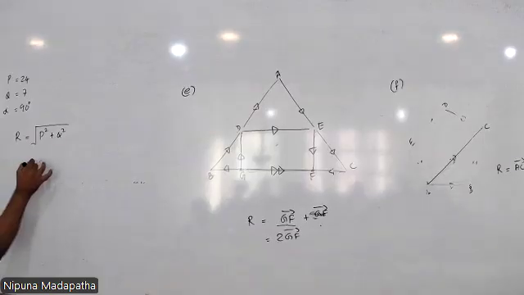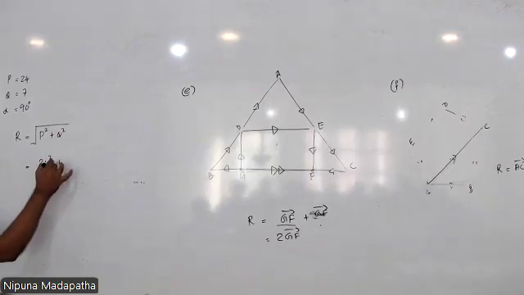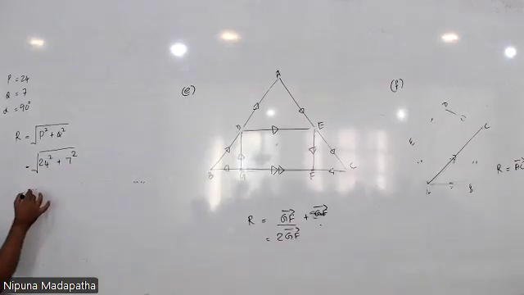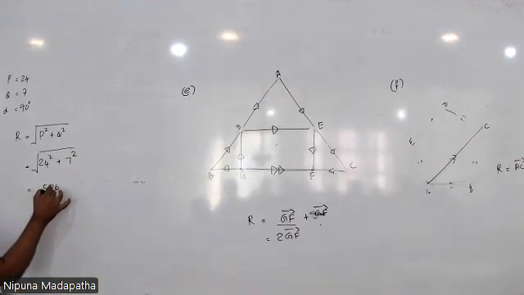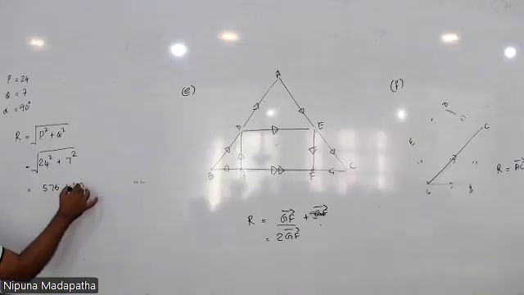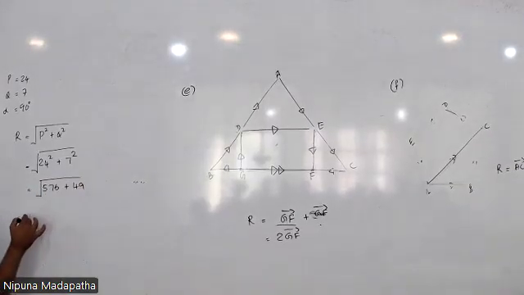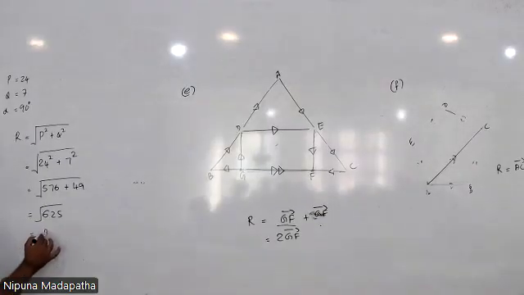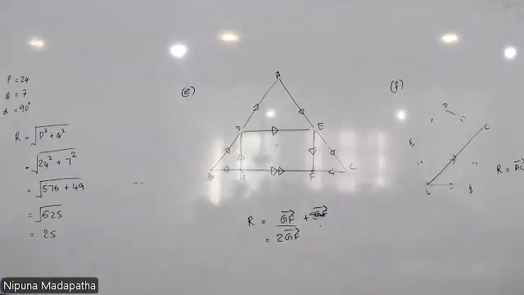So P squared is 24 squared, which is 576, and Q squared is 49. The sum is 625, so the answer is 25. This is the correct answer.